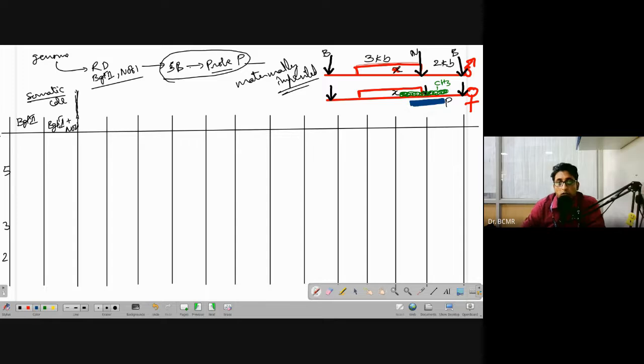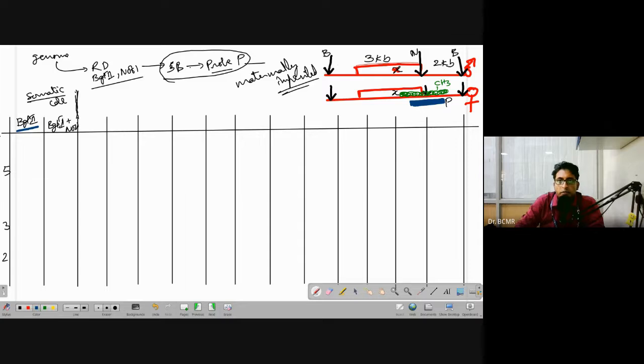The first one, the question is, I only said we will cleave only with BGL2. So what bands would we expect, and how many bands? Bands and their sizes. Anybody, please? I would like everybody to participate. The more you do, the better you'll get with these kinds of questions. Okay, I will try to help answer.